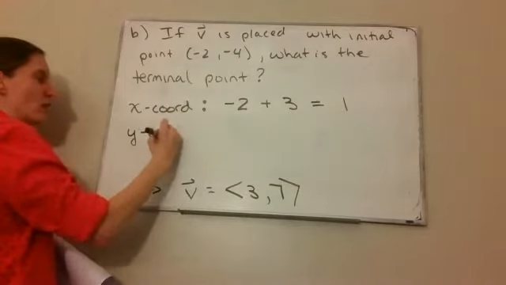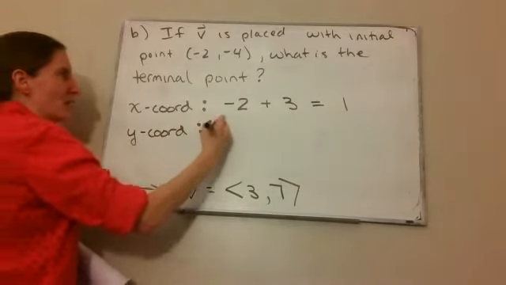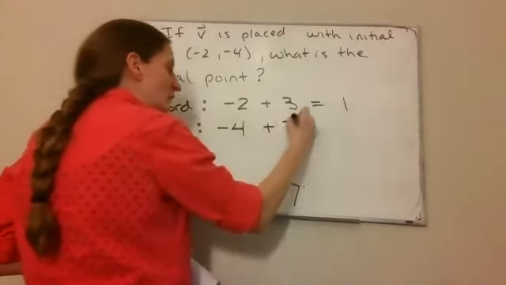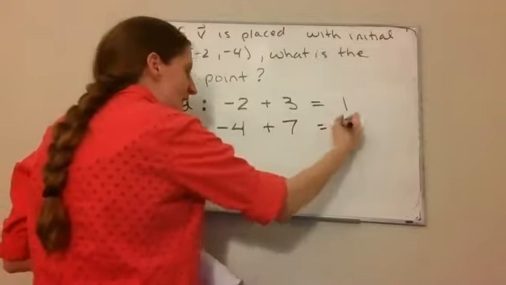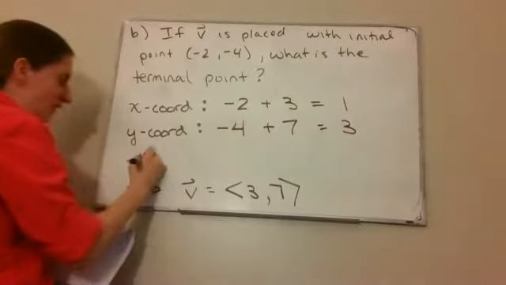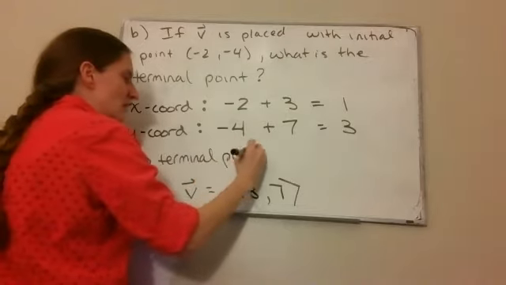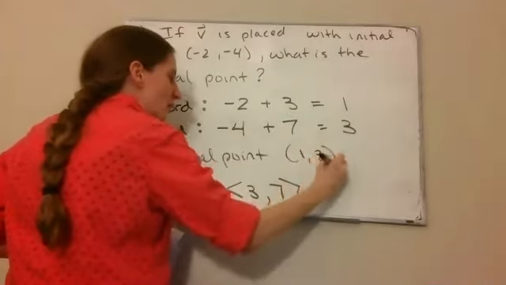And my y-coordinate of my terminal point will be where I started, -4, plus my vertical displacement, which was 7, and I get 3. And so this tells me my terminal point is the point 1, 3.